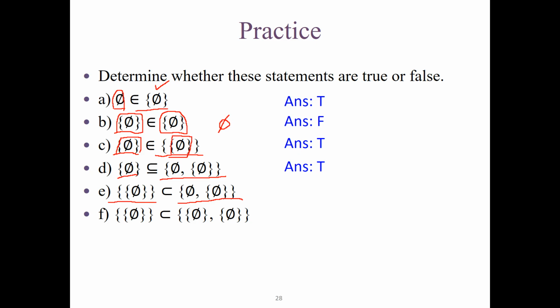We need to make sure every element in set A is also in set B. We only have one element in this set, the set that contains every set. Can you discover this element in this set? Yes, right? So set A is a subset of set B. Next, can we discover one element in B but not in A? Yes, because we have the empty set here. So we can consider this set a proper subset of this one.